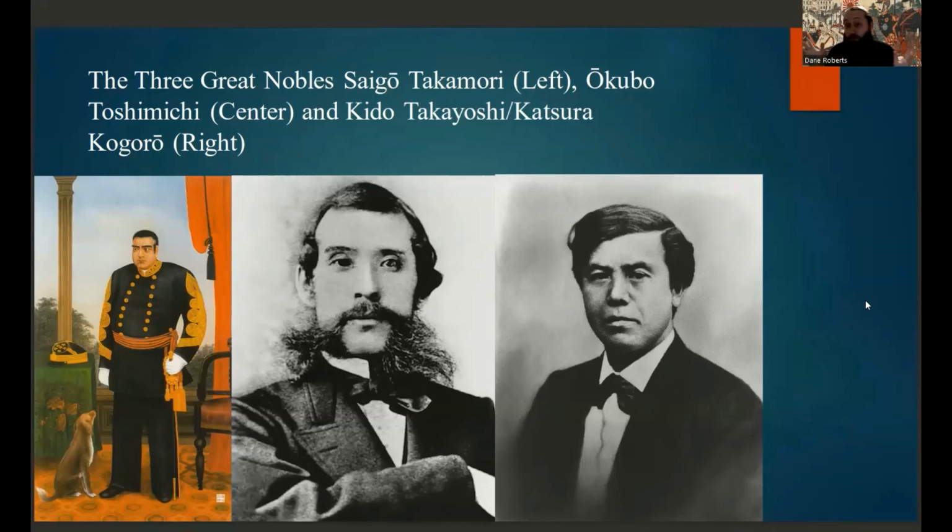Choshu. Though, to be fair, I would argue that Takasugi Shinsaku and Sakamoto Ryoma should also be considered 2 additional members of these great nobles, because even though they did not live to see the fruits of their labors, this alliance between these 3 domains, Tosa, Choshu, and Satsuma, would not have happened without Sakamoto Ryoma, and the ability of the Japanese Imperial Army to defeat the shogunate forces would not have happened without Takasugi.